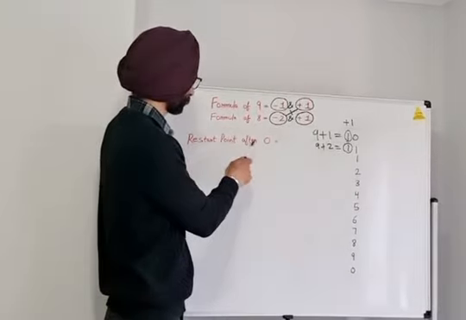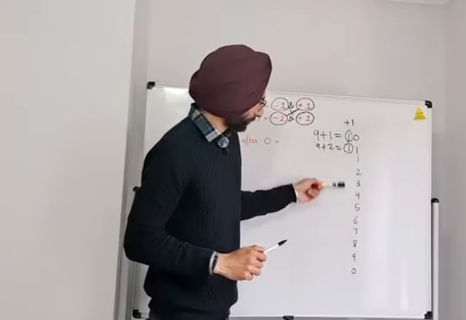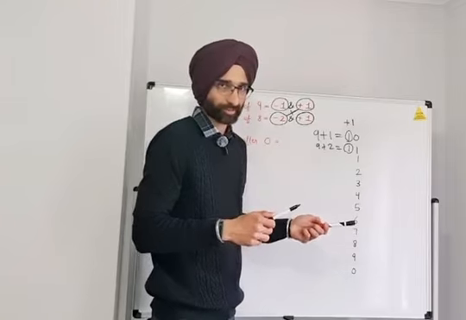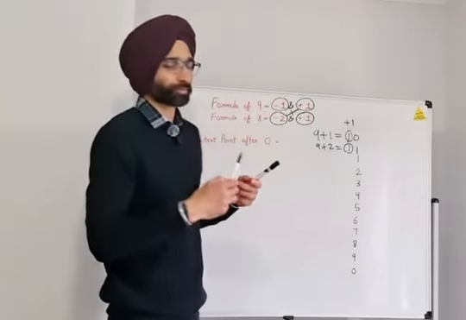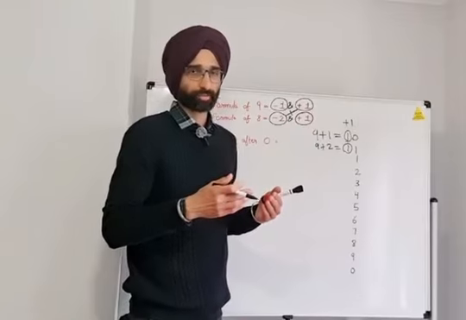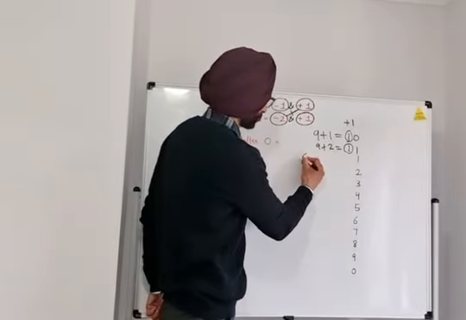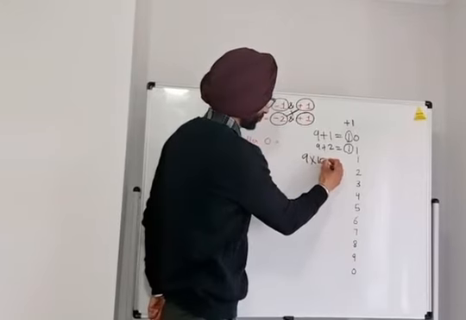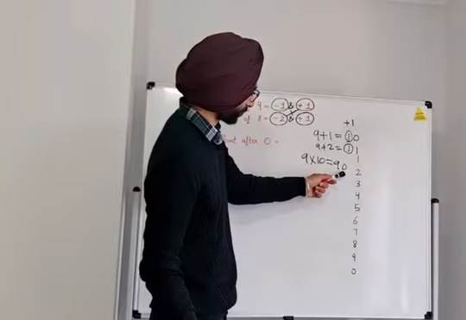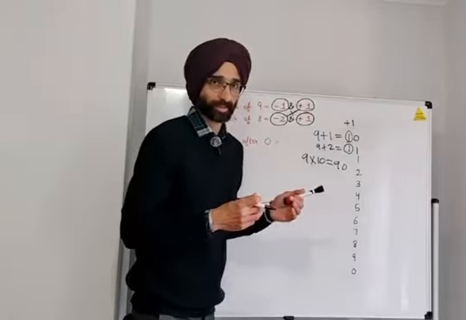And now the restart point after the 0. The only time there will be no addition and no subtraction is when we start from 0, because 0 cannot be added and it cannot be subtracted. So for example, 9 multiplied by 10 is 90. So now after the 0, we're going to be restarting again.